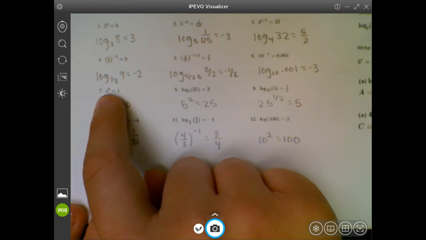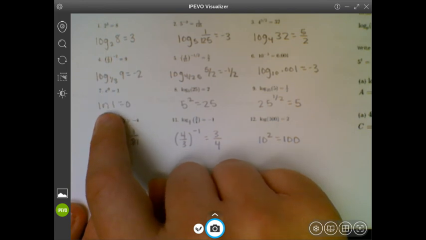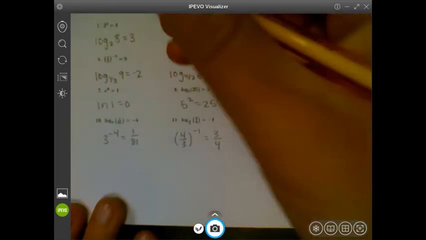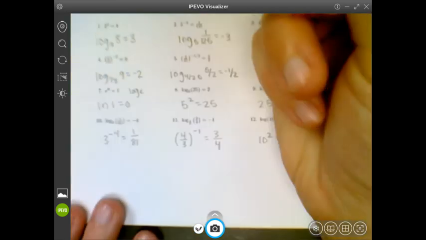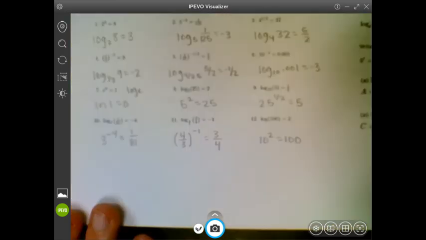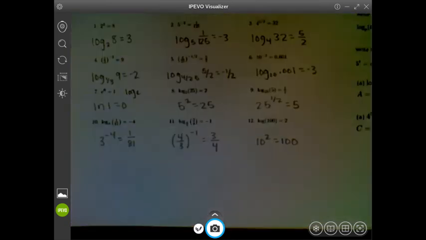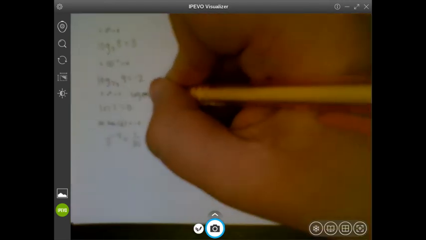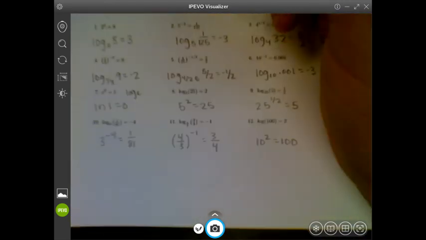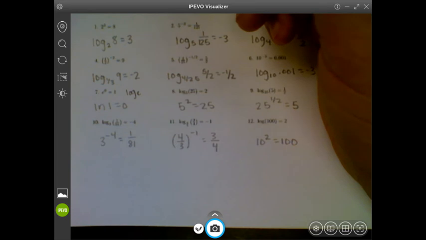So the base of this one is E. Log base E is actually something that's very common when you're doing math with real world applications. And when you have base E, that's actually referred to as a natural logarithm.